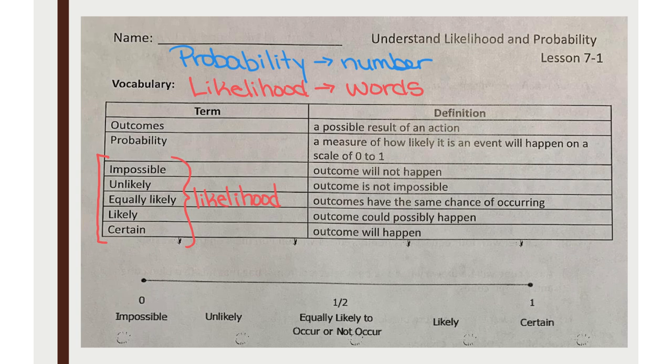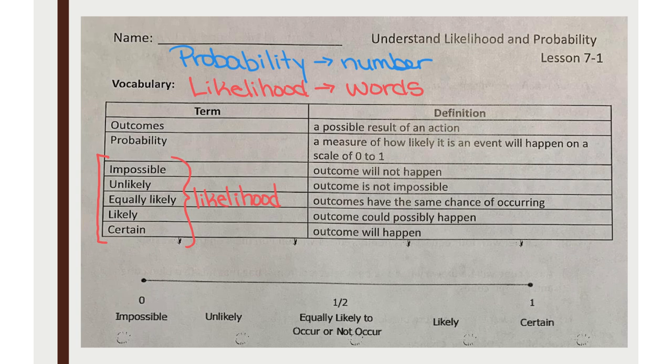If I gave you a bag of pennies, what's the chance that you're going to reach in and pull out a quarter? You can't, because there's no quarters. If it is a bag full of pennies, you cannot reach in and magically pull out a quarter because it does not exist in that bag. That would be classified as impossible. It simply does not exist.